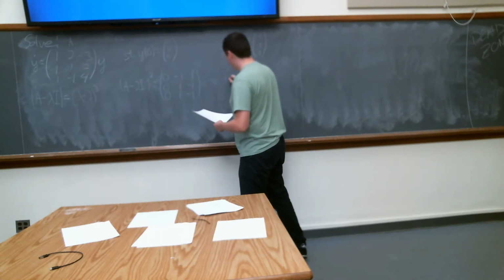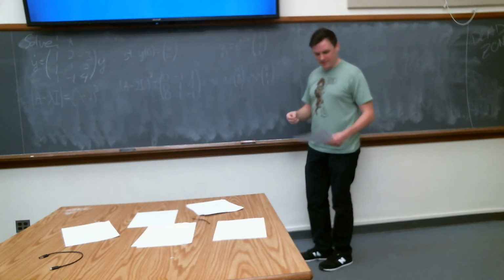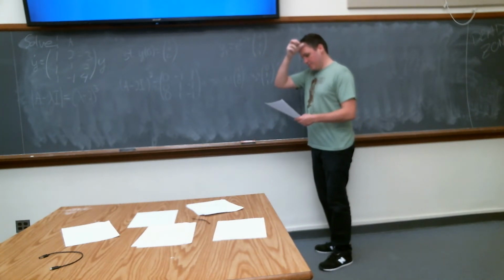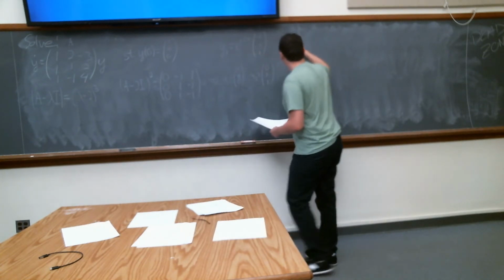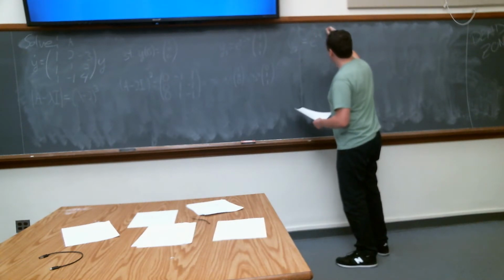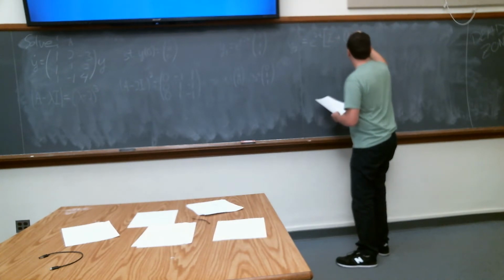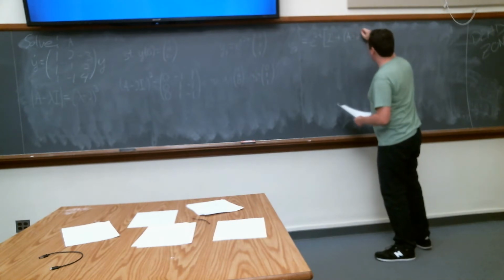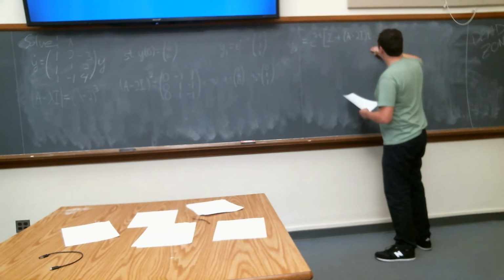So you get u1 is equal to this, so you get these 2 vectors out of it. But I'm just going to pick this one. So y2 has a form like e to the 2t times (I plus (A minus 2I) times t) u1.